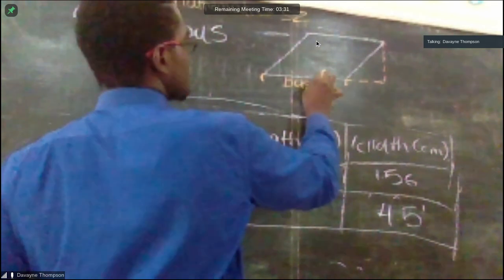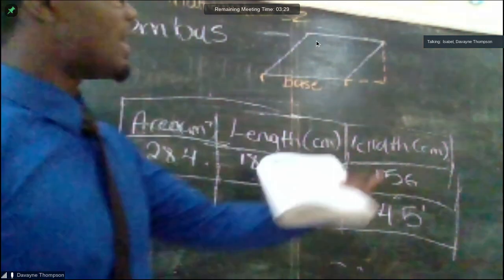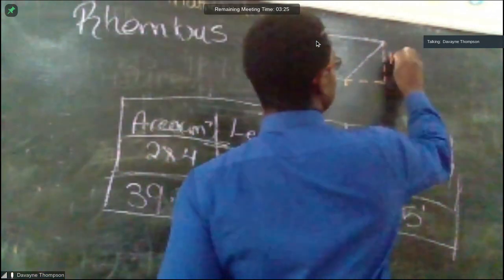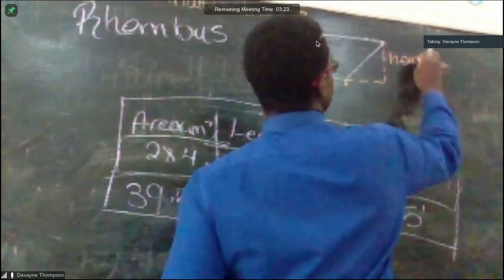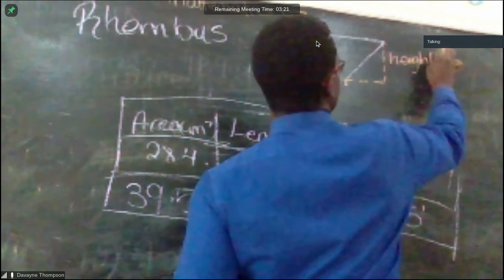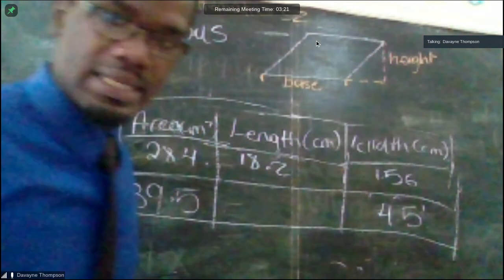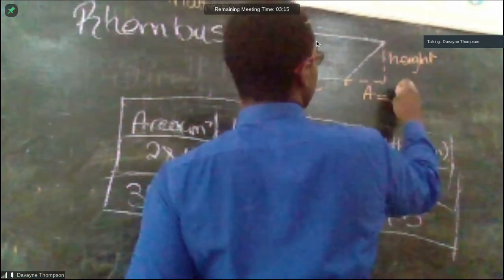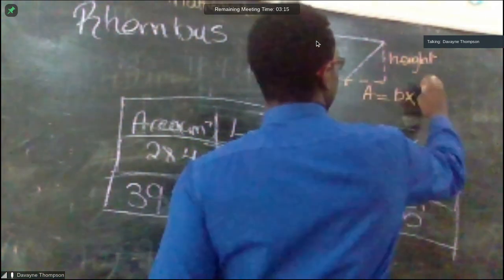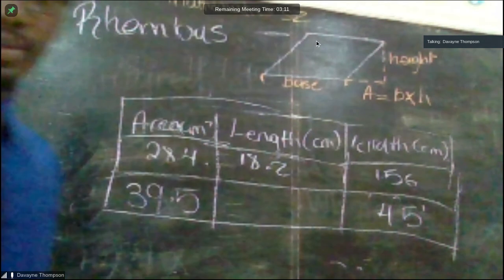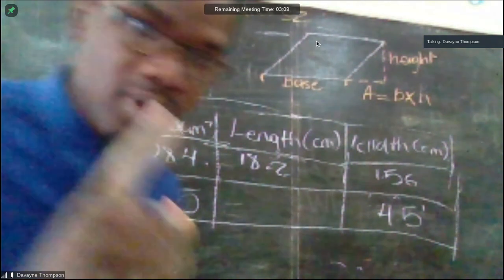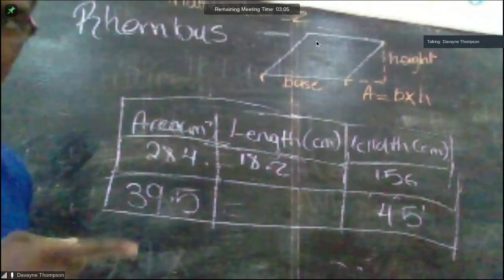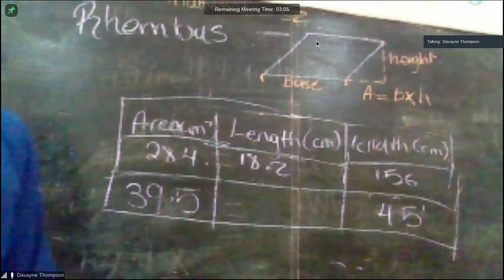We call this base. And you did get this correct when you said it was height. So we're going to call this height. So therefore the formula, as she closely got, was A is equal to base times height. Not to be confused with the area of a triangle, which is half base times height.